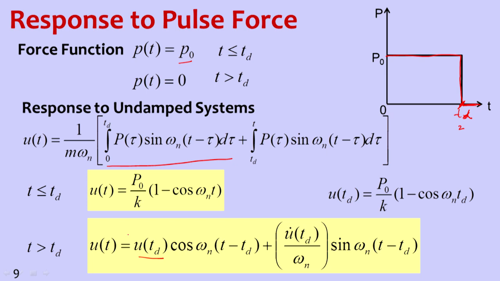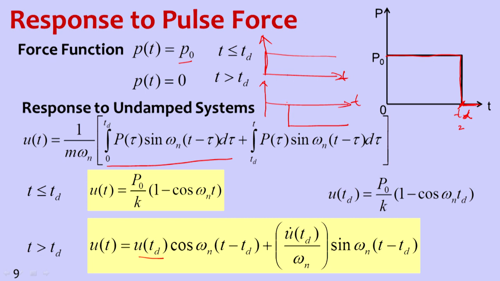The same problem can be understood in a different manner. We can continue it like this. Say a force is acting continuously from here forever, and then the second one is a force acting in the negative direction from Td, like this.